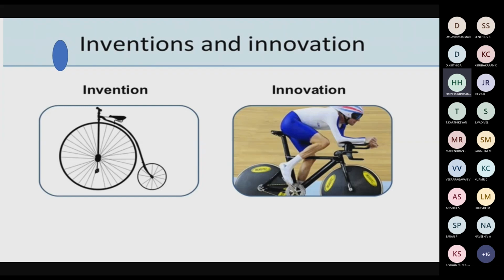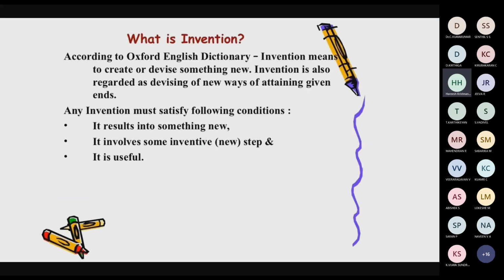If you add economic aspects to the invention, it converts to innovation. Any invention must contain some conditions: something new, in the result something new, innovative steps, and it must be useful for society or the marketplace. Then it is taken as an invention.